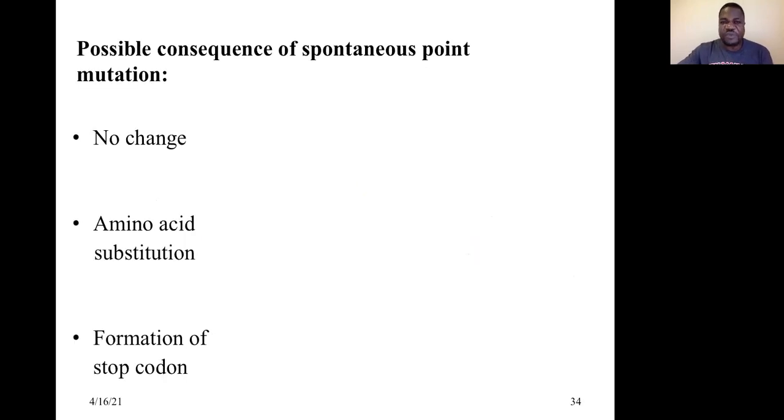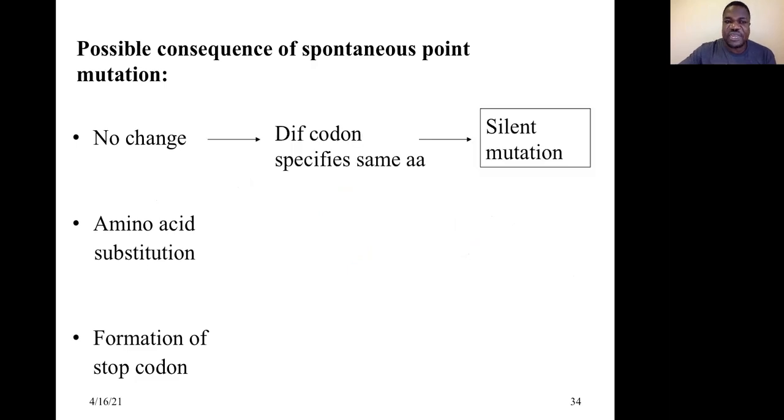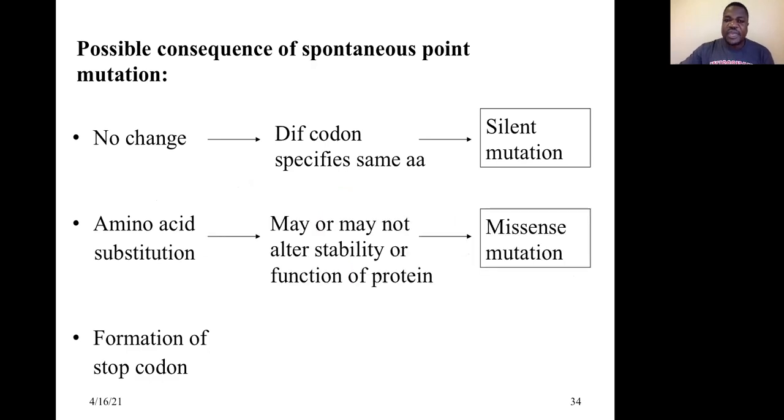Possible consequences of spontaneous mutation: there might be no change. That's what I say, it's just a silent mutation. It's not expressed, so it has no clinical value. Or it may or may not alter the stability or the function of the protein. That's what we call a missense mutation.